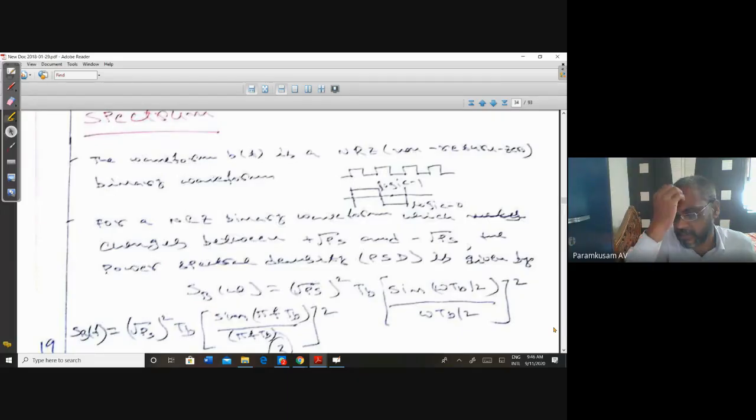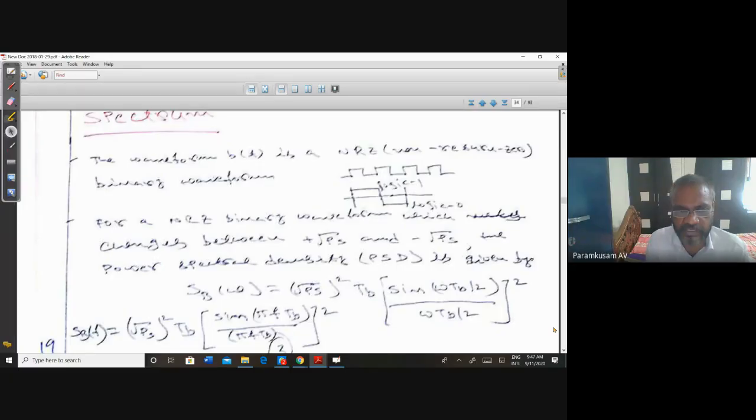Till now we have discussed the generation and reception of the binary phase shift keying signal. Next, note down the frequency spectrum of BPSK signals.